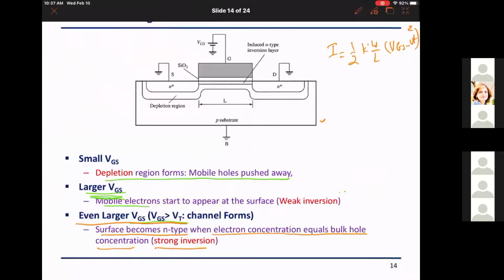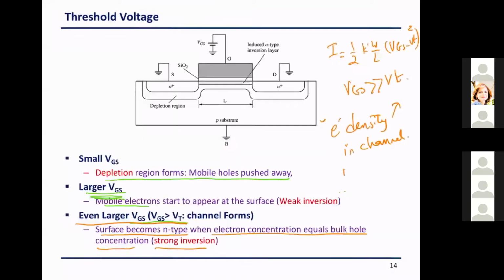So as VGS becomes much larger than VT, the electron density in the channel will increase, right? And this means that the current I will increase, right?